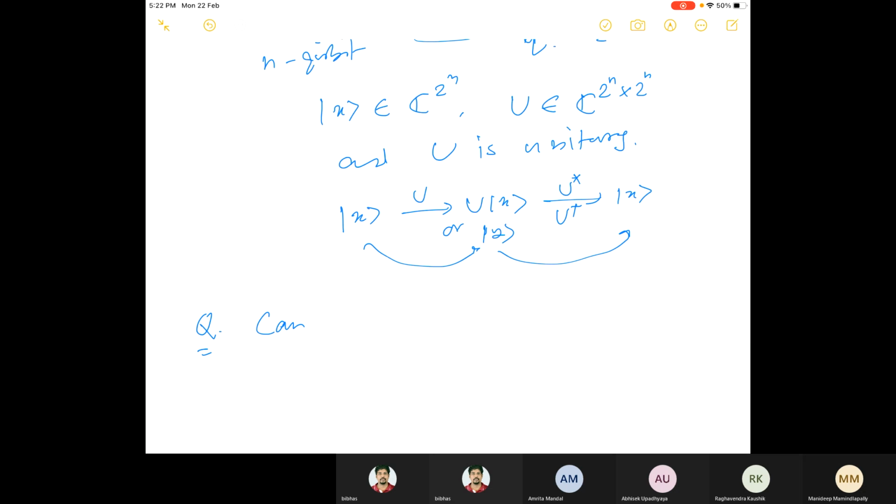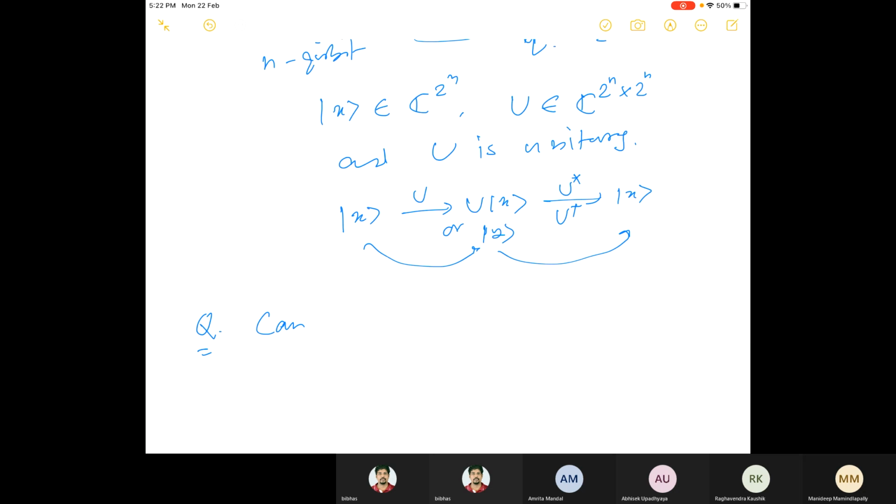Universal, as we defined before, a gate is universal if it is a sufficient gate, where if you want to compute something, your desired computation can be computed just by that single gate. So that gate is universal.